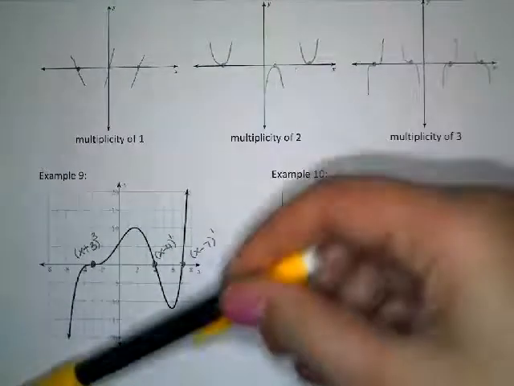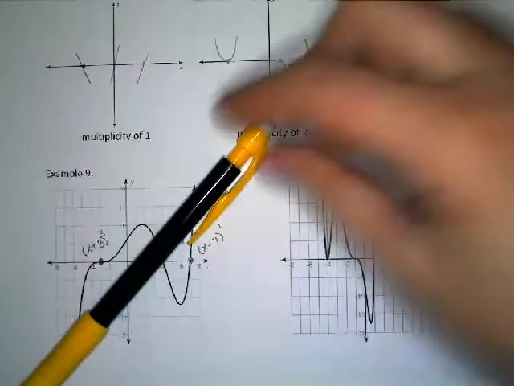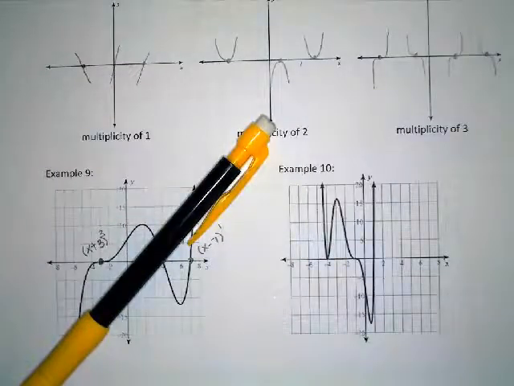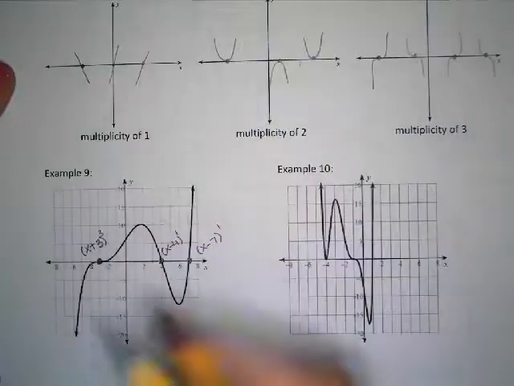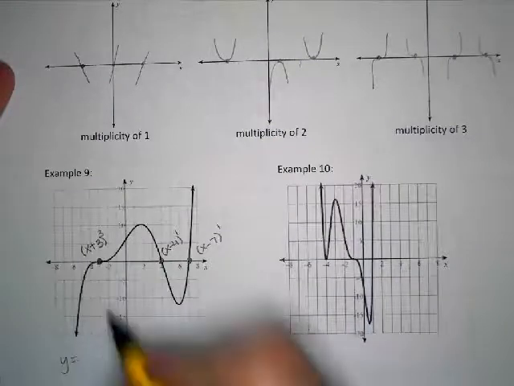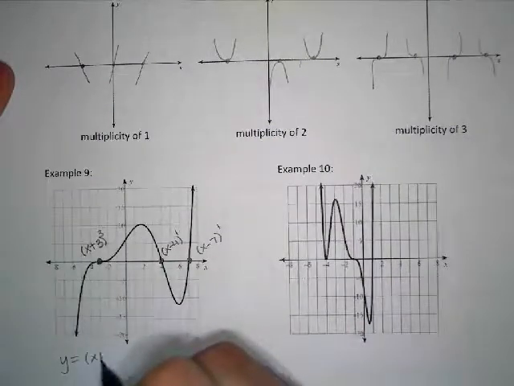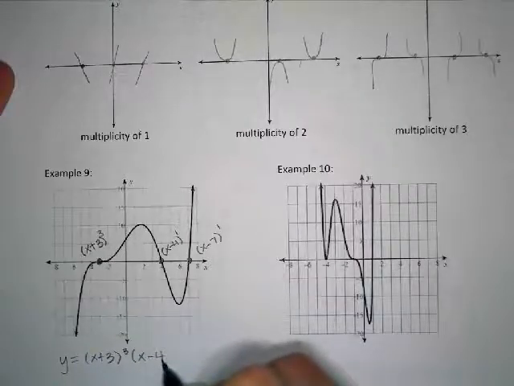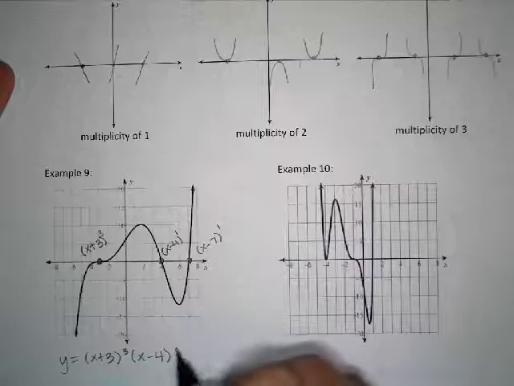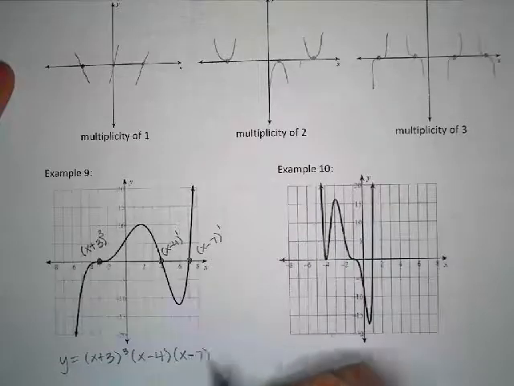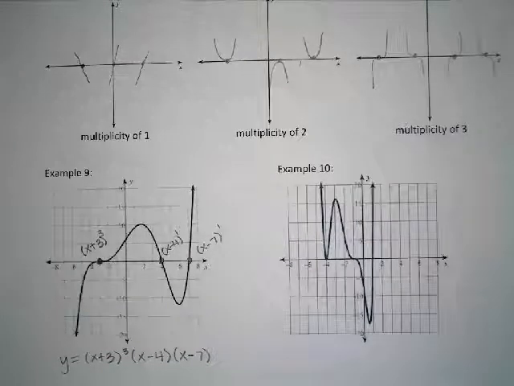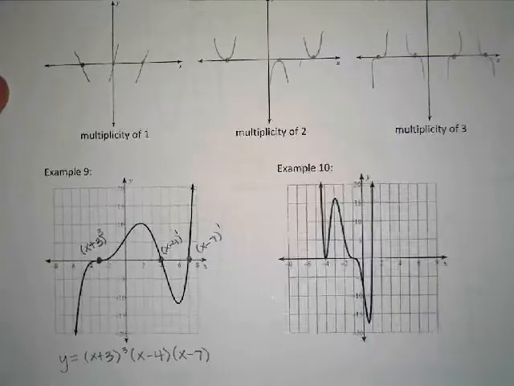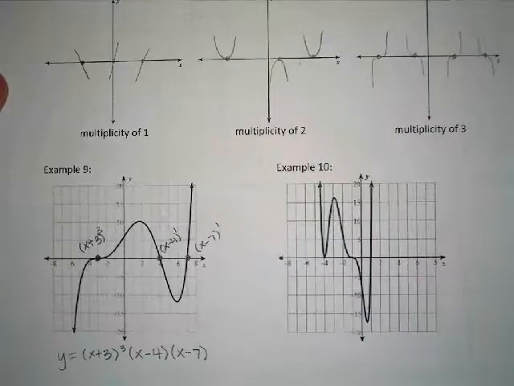So I'm going to say y equals x plus 3 to the third, x minus 4, you can put the 1 or not put the 1, x minus 7. Okay. How do we feel about that? You good? Okay. Let's try the next one.